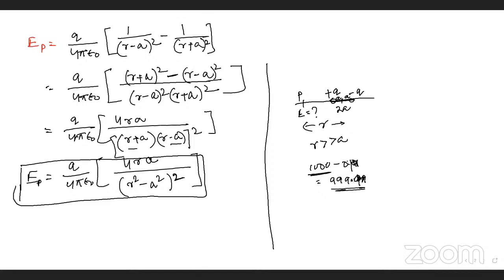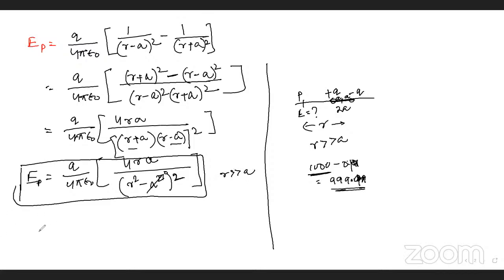So if we subtract a very small number from r square, the value will not change very much, and we can neglect it. So you will write that as r is greater than a, we are neglecting a square.